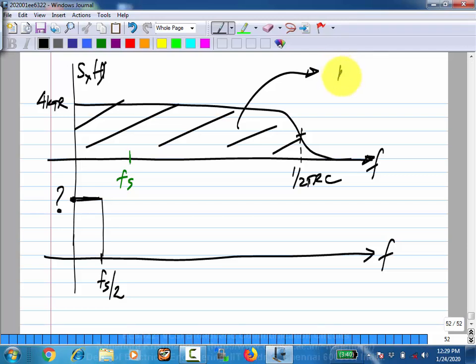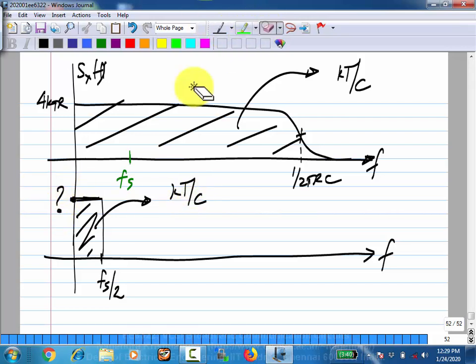This is kT by C. What's the variance here? This is also kT by C. So what is this spectral density? Two kT by Fs times C. Okay. So this will of course be larger than that one.